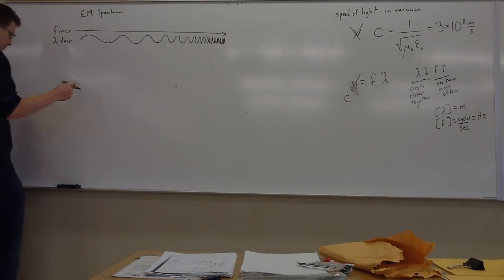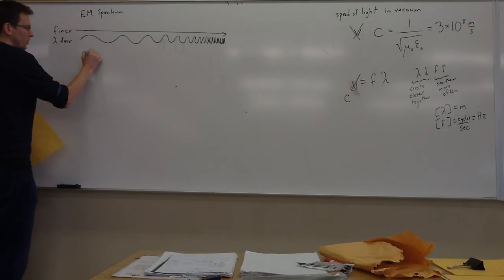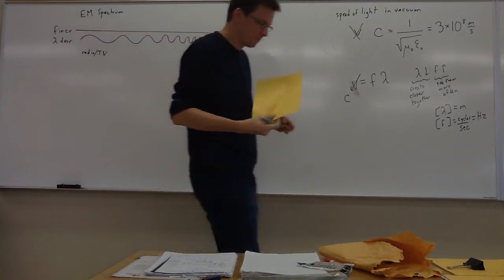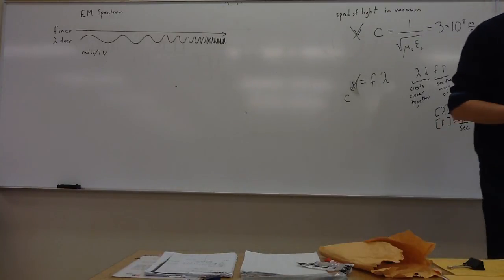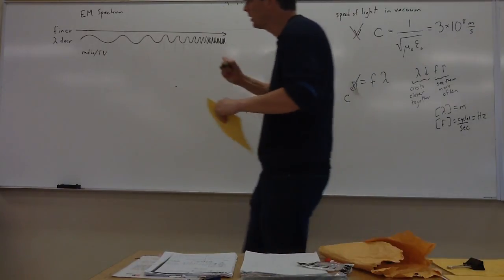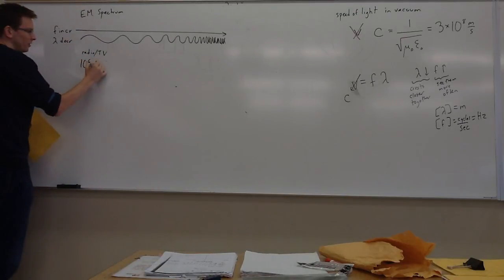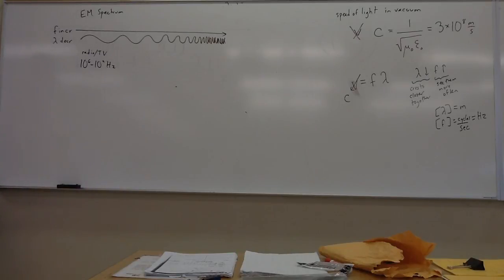The first box is radio and TV waves. Okay? So these are on the order of 10 to the 6th to 10 to the 9th hertz. Again, these boxes are defined by rough orders of magnitude, so there aren't necessarily any definitive cutoffs because they're just arbitrary anyway.